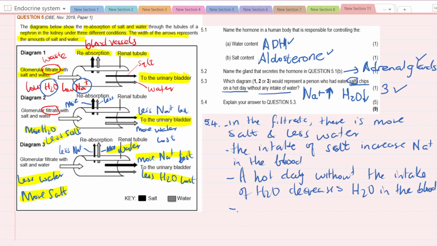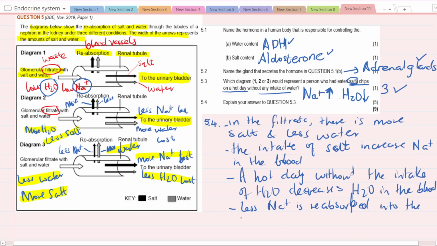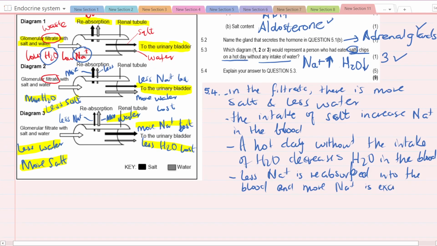Now, because of this, less Na+ is reabsorbed into the blood, and more Na+ is excreted with the urine.